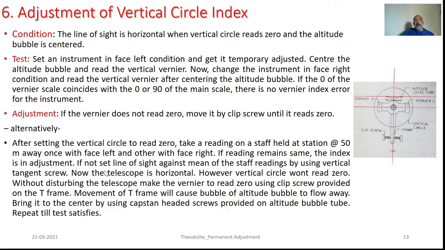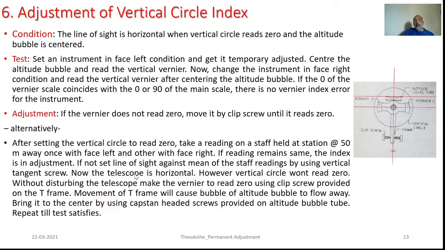If the reading does not remain the same, we have to set the line of sight against the mean of those staff readings by using the vertical tangent screw. Hence, now the telescope will be in a horizontal plane.